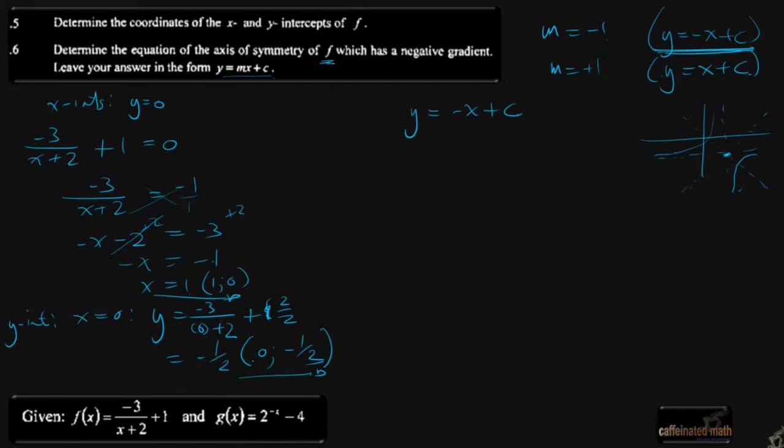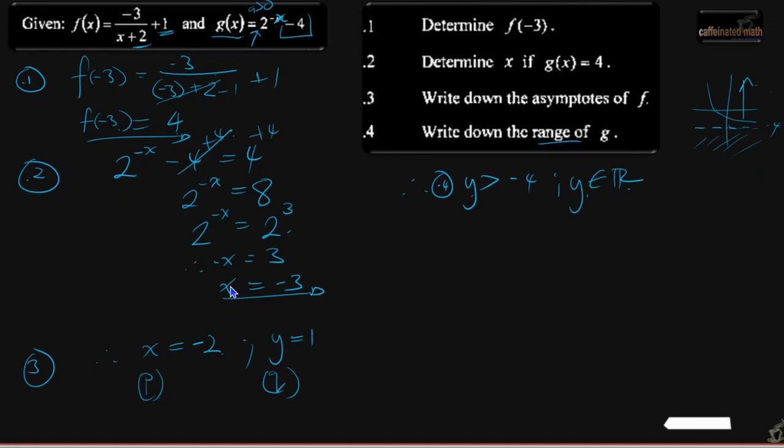Now what is that point? Well, we do have the coordinates. We can take them from the equation, because we know that the x value is equal to -2, right over there, and then the y value is equal to 1. So that's what we use to substitute.